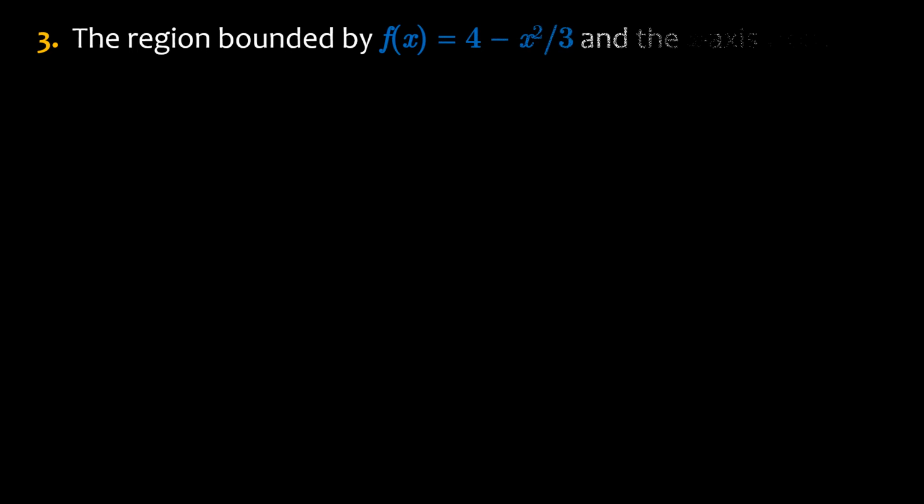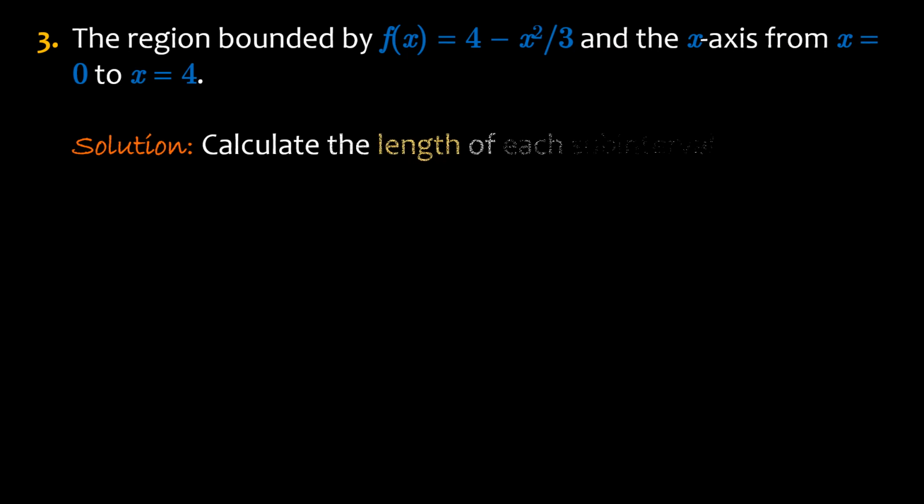Number 3. The region bounded by f of x equals 4 minus x squared over 3 and the x-axis from x equals 0 to x equals 4. Solution. Calculate the length of each subinterval.